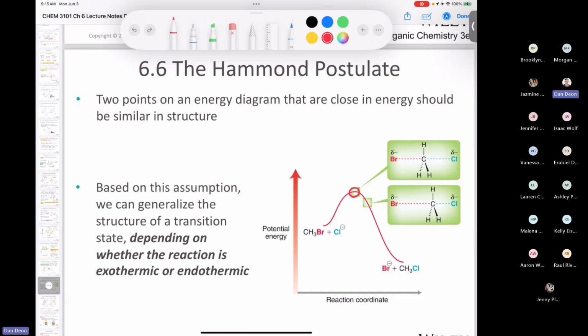If you have a reaction that's, let's say, exothermic, right? This is an exothermic reaction here. You see how the energy of the transition state that I have the red circle on is closer in energy to the reactants than the products. All that means is that the transition state is going to look more like reactants than products, okay?